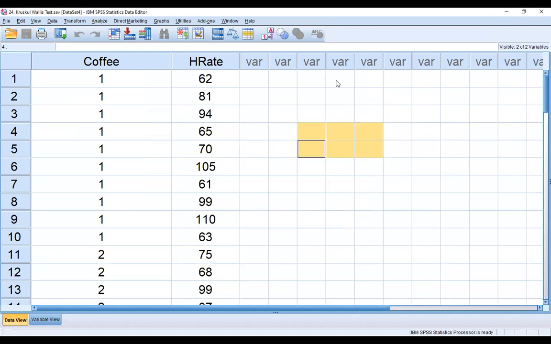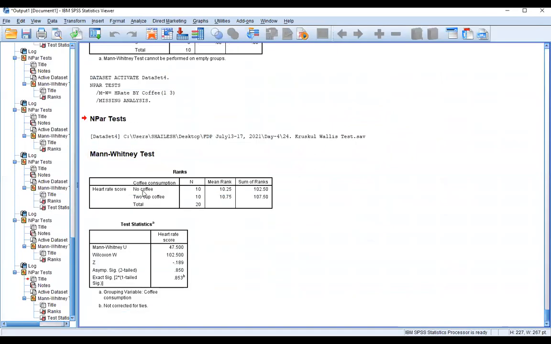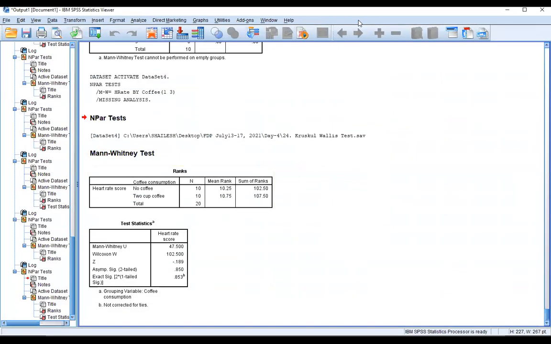So there are 3 pairs. The first pair was not significant. Now you can see no cup coffee with 2 cup coffee, there is no significant difference because the p value, with mean ranks 10.25 and 10.75, the asymptotic value is 0.850.